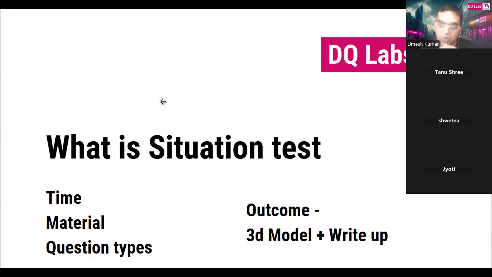The expected outcome is a 3D model and a short write-up on the model. So within that 2 to 3 hours, you are expected to do the 3D model and the write-up as well.